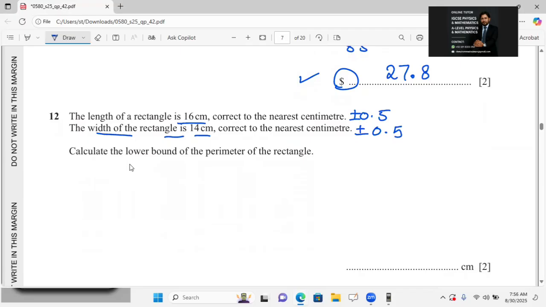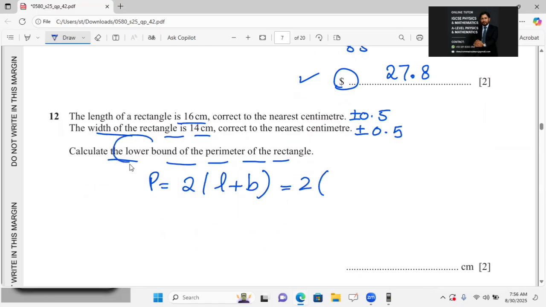I will say here that he is saying calculate the lower bound of the perimeter of the rectangle. We know that perimeter is equal to 2 into length plus breadth. So it is directly proportional, so I will have to go for lower bound. I will take the lower bound of this length and the lower bound of this width.